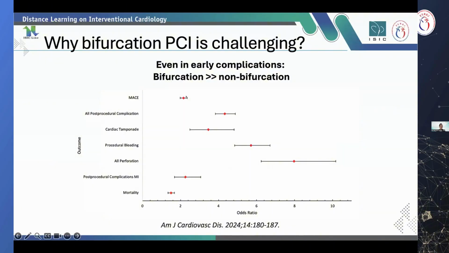As you can see, MACE is higher than in non-bifurcation PCI, and due to the complexity of bifurcation PCI, cardiac tamponade and perforation complications are higher than in non-bifurcation PCI.